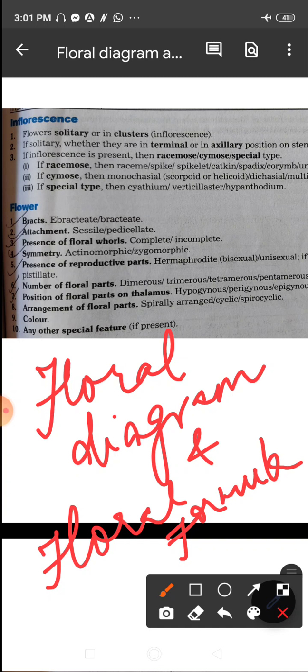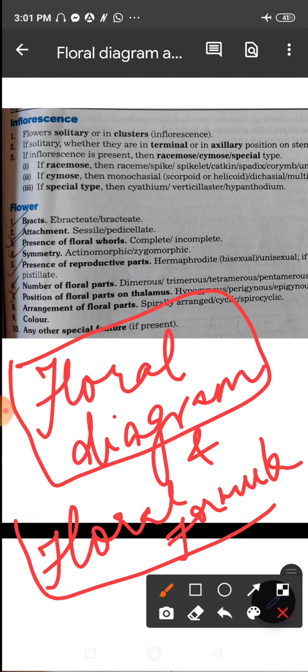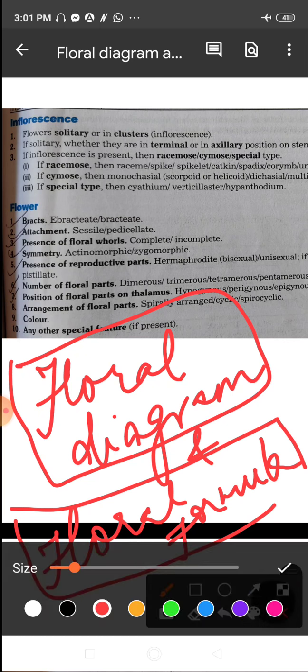That means how well, with the help of a floral diagram or a floral formula, will we be able to explain all the characteristics of a flower, right? So what are the things we need to keep in mind?